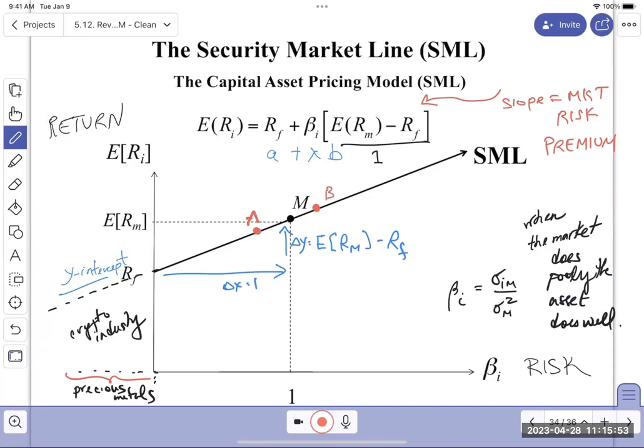Okay, and then now what we're going to do is talk about combining them. So these are assets that could also be recreated by lending through buying T-bills and purchasing the market portfolio equivalent, and then ending up here and arriving at a lower beta than 1.